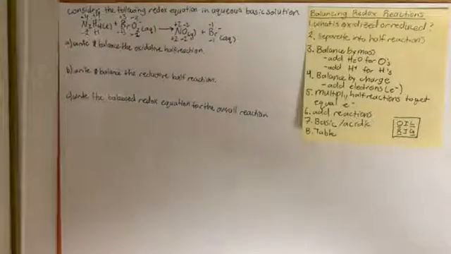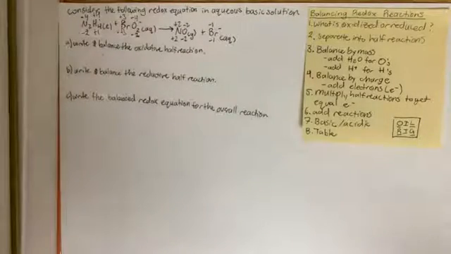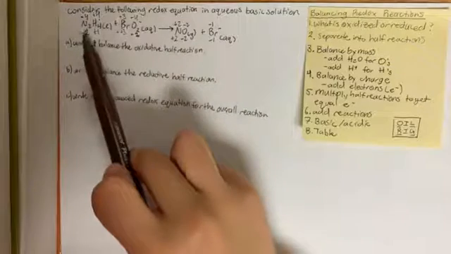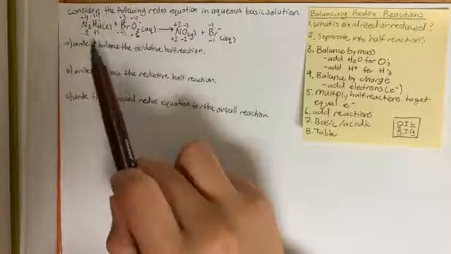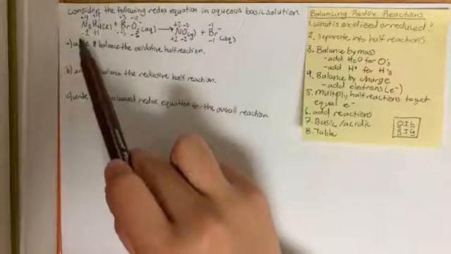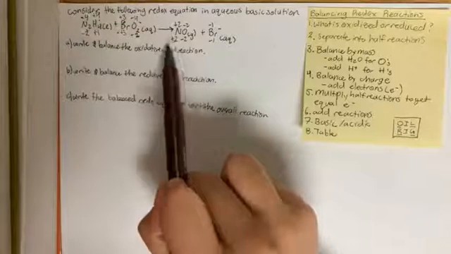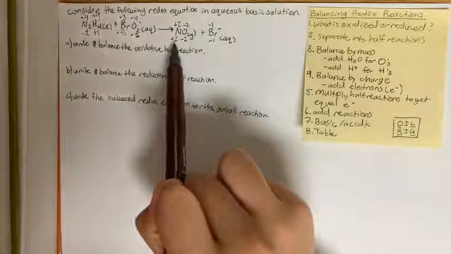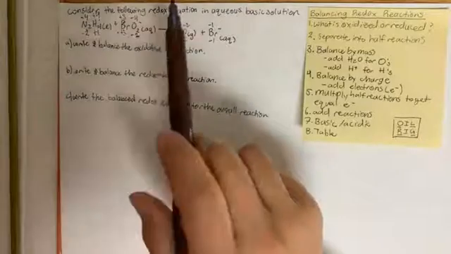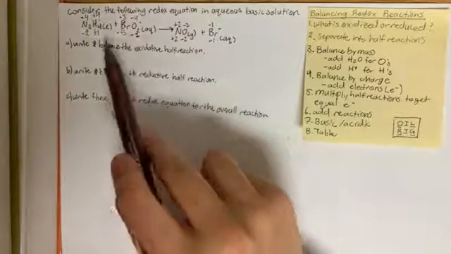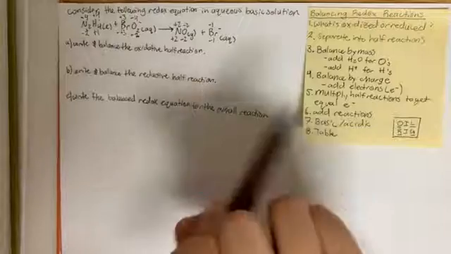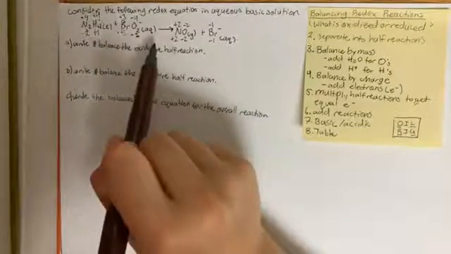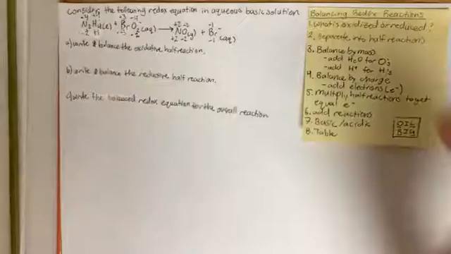Next, we'll look at what's gaining and what's losing electrons. We see that nitrogen in N2H4 first has a negative 2 charge and then has a positive 2 charge. This means that it's losing electrons, so it's being oxidized. So all of the compounds of nitrogen are part of the oxidative half reaction.